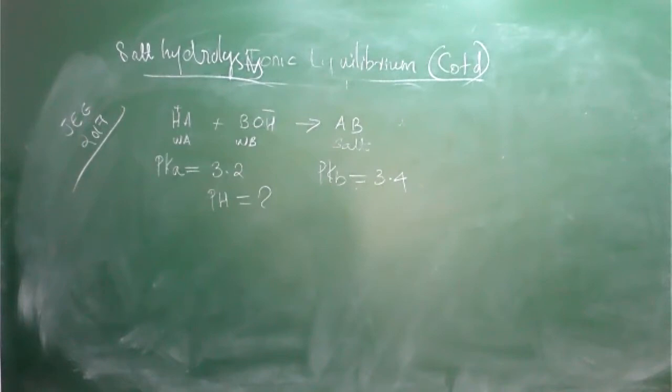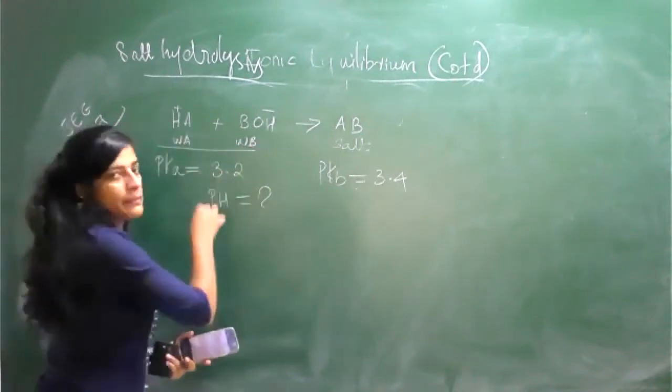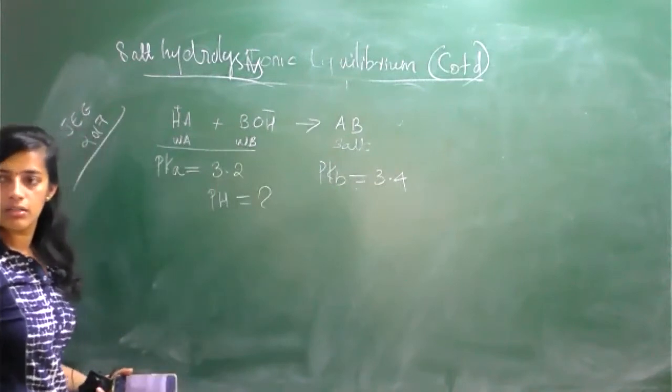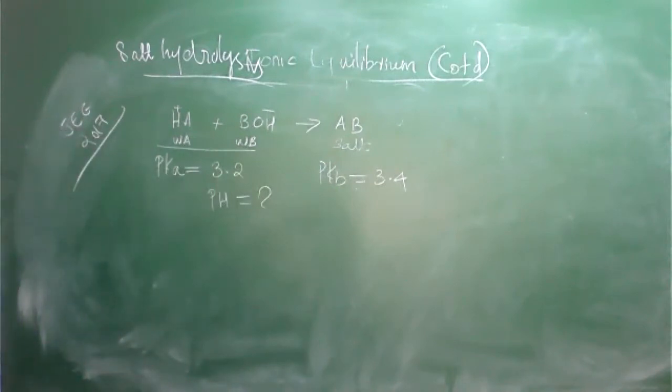How will we find out H plus ion concentration? Do you know H plus ion concentration? Because weak acid, weak base. What about the formula? Apply it. Do it, quickly.